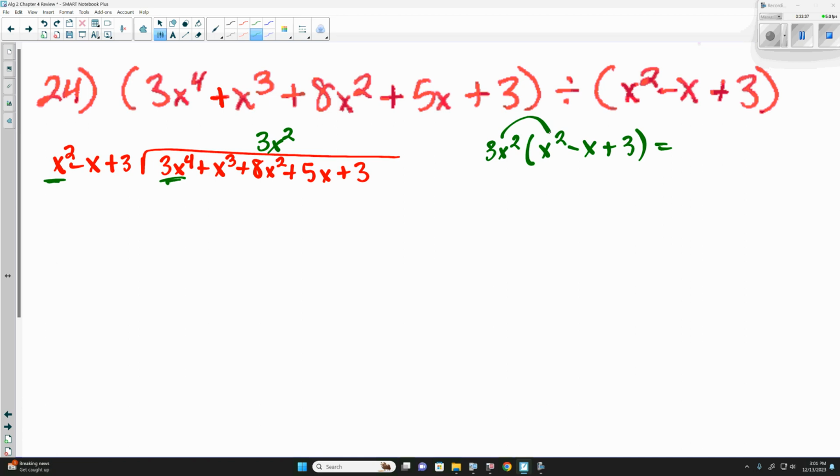Because when we do 3x squared times x squared, we'll have 3, and x squared times x squared is x to the 4th. So we get them to be the same so that they will cancel out. Now we do have to continue distributing through. 3x squared times negative x is negative 3x cubed, and 3x squared times 3 would be plus 9x squared.